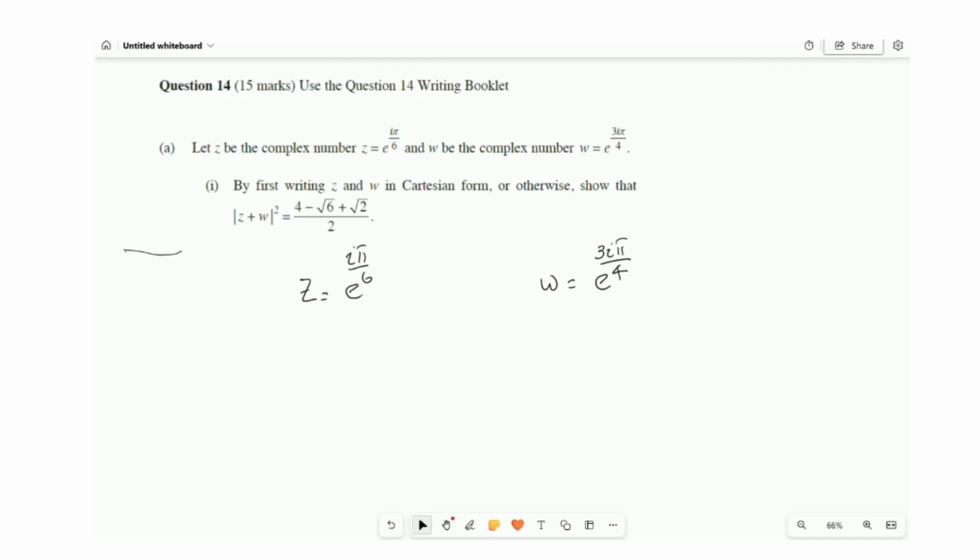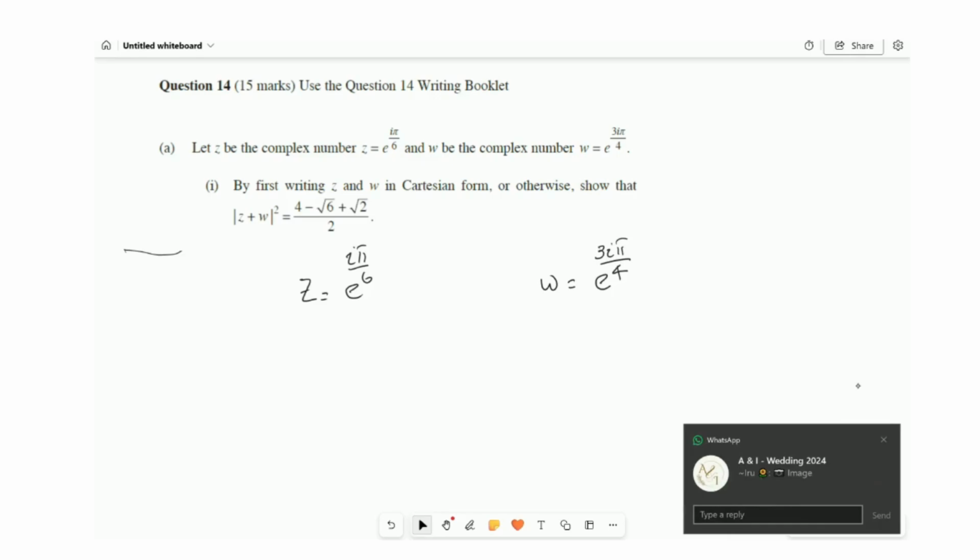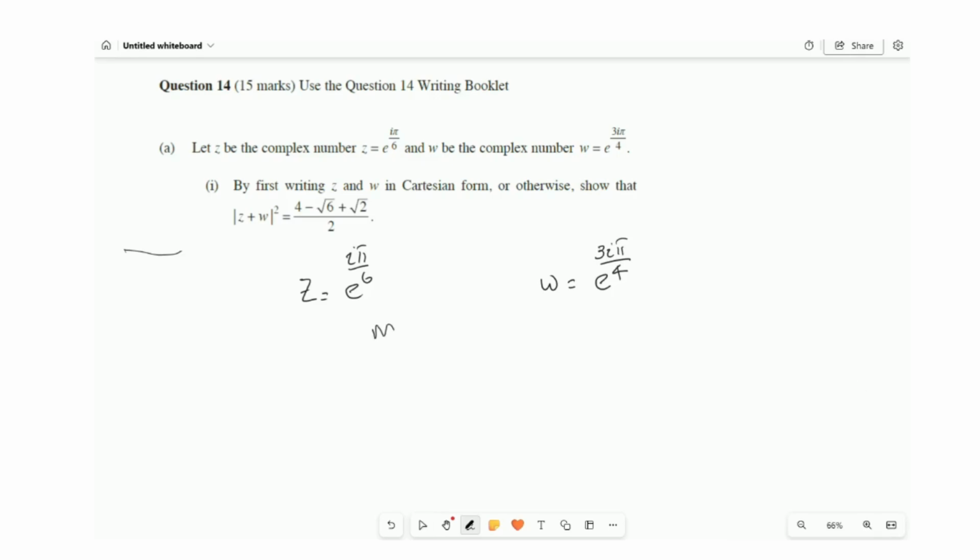So if you look at the two complex numbers, their magnitude is 1. I will write here, magnitude is 1.